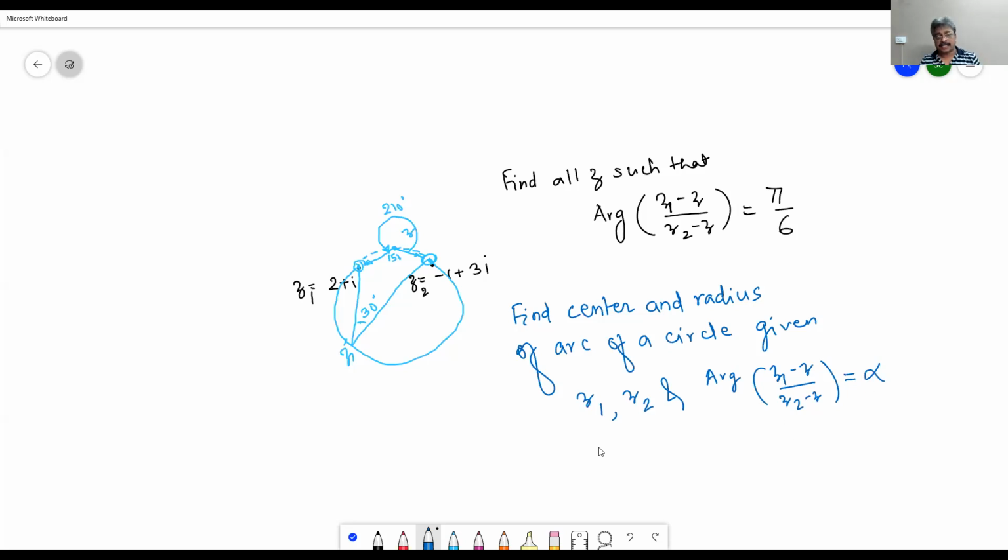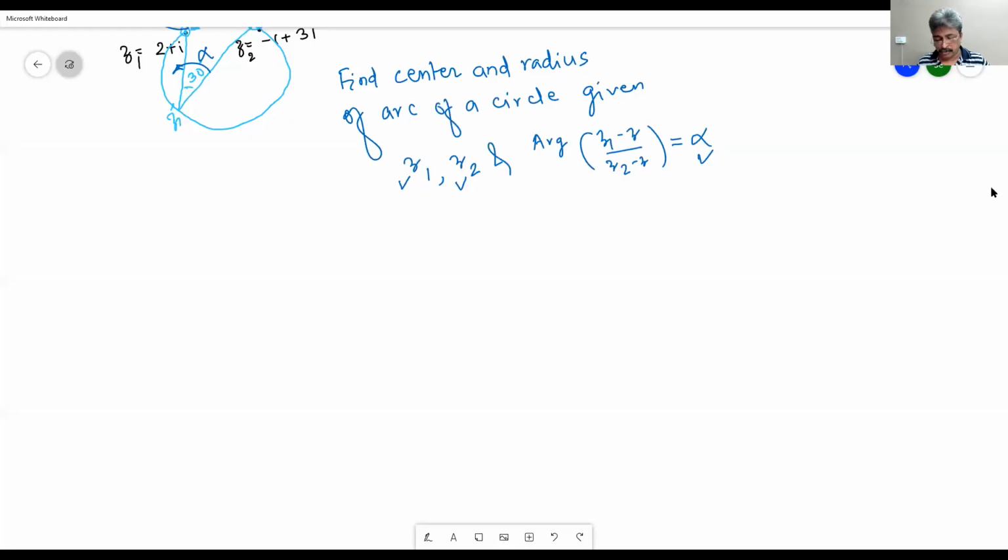So if these three things are given, z1 is given, z2 is given, and the argument is given, you will end up getting an arc of a circle. Find the center and radius, of course, in terms of z1, z2 and alpha. I will give you 6 minutes. Okay, so let us do it together.